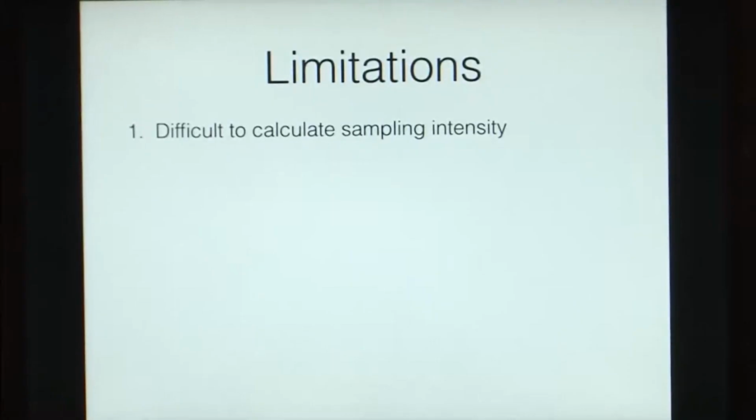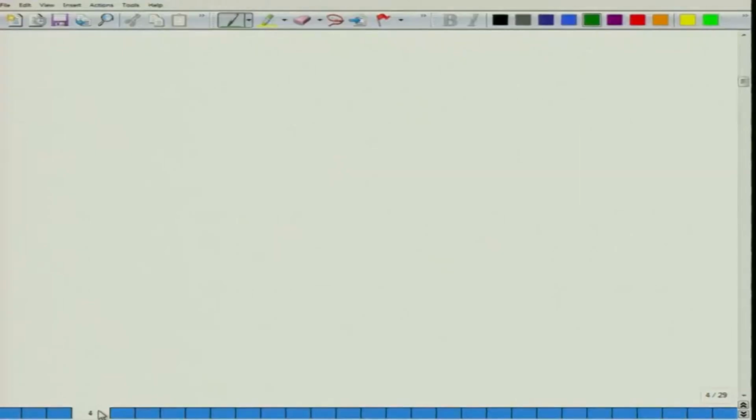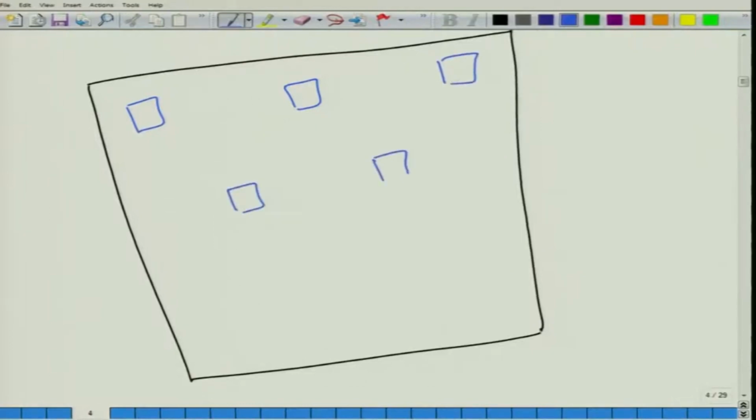For instance, it is difficult to calculate sampling intensity. Now, what do we mean by sampling intensity? Sampling intensity, or the intensity of sampling, is defined as the ratio of the number of units in the sample to the number of units in the population. So, what do we mean by that? Suppose we have this to be our total forest stand, and we are taking our sample plots here, here, here, here, here.